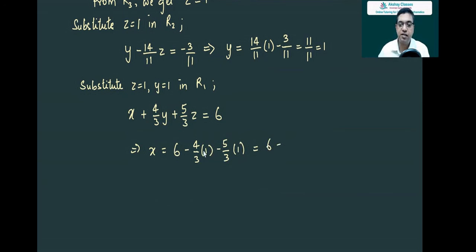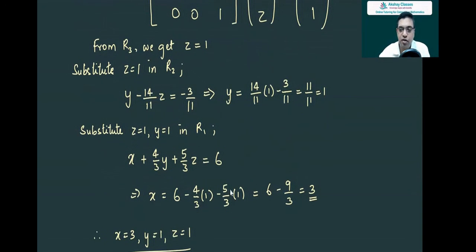So 6 minus 4 minus 5 is 9. So 9 by 3 is 3. 6 minus 3 is 3. Therefore, X equal to 3, Y equal to 1, Z equal to 1. This was the same result we got using Gauss-Jordan. And this is by Gauss elimination.